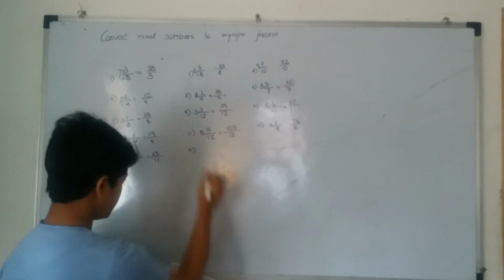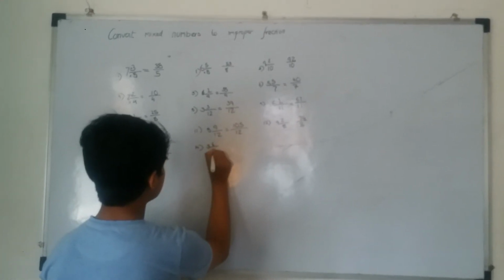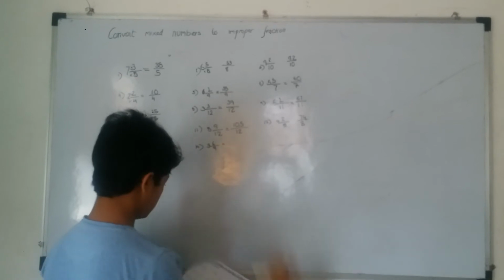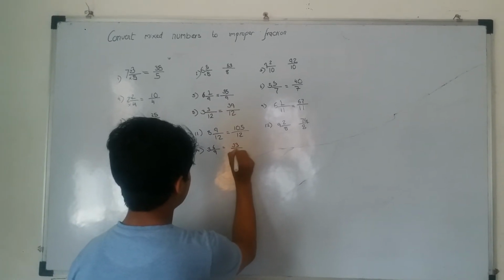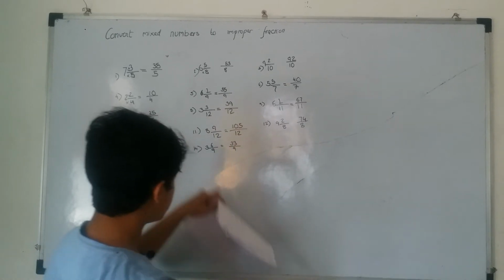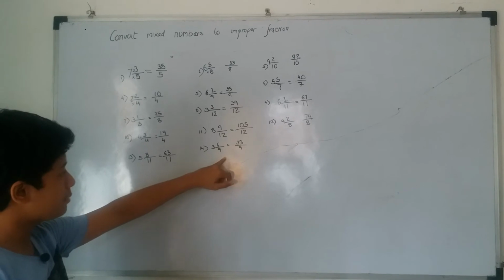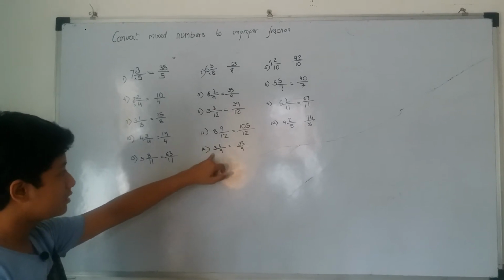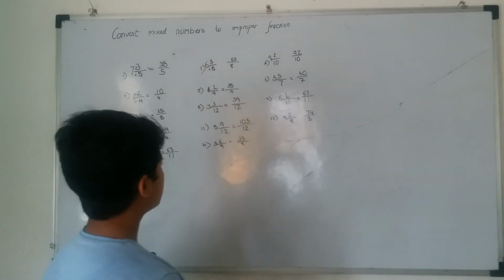The 14th question is 3 6 upon 9. Its answer, see, 9 is the denominator, so it will remain the same. 9 3s are 27. 27 plus 6, 33.